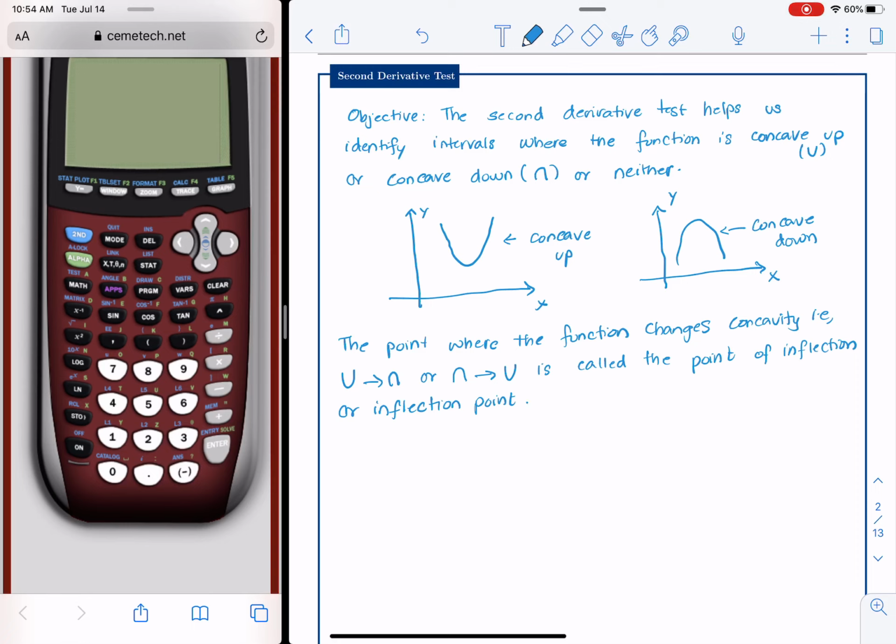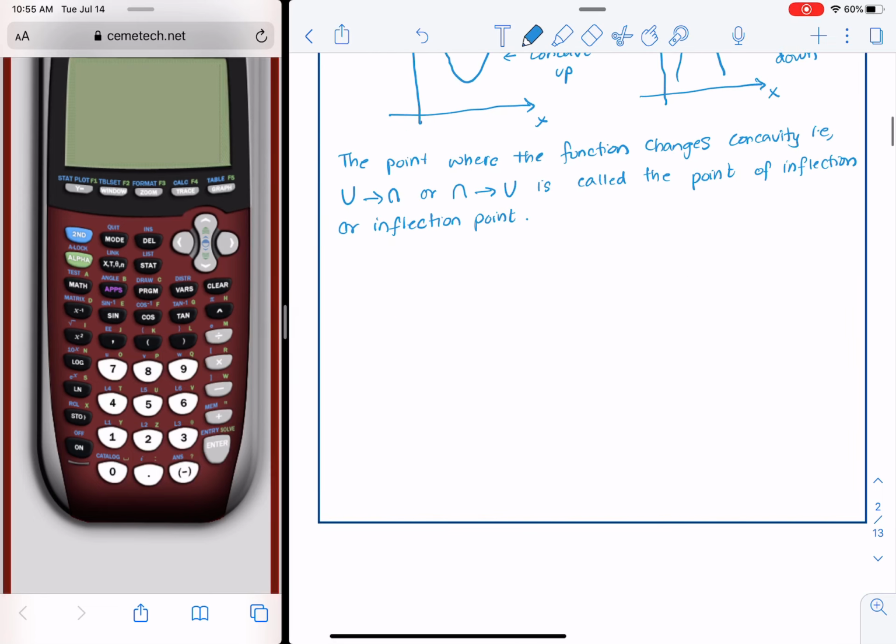So how do we go about the second derivative test? Of course the function has to be differentiable. So consider a differentiable function f of x. The first step is to find f double prime of x, which is simply the second derivative of the function.